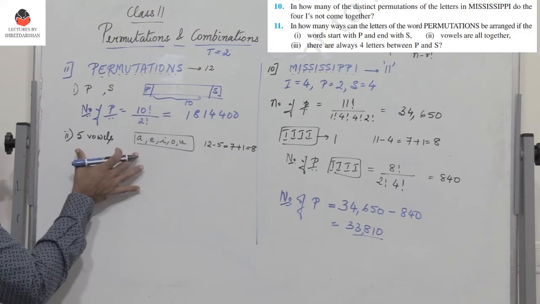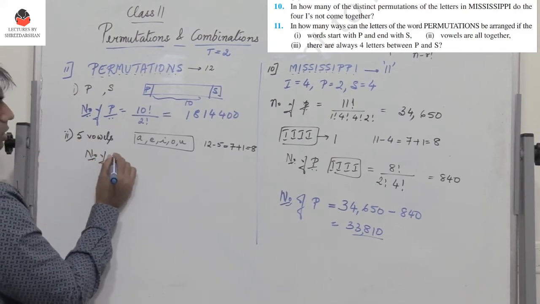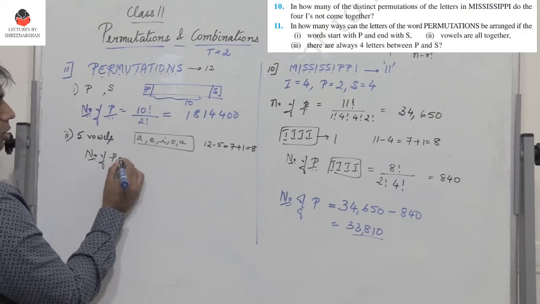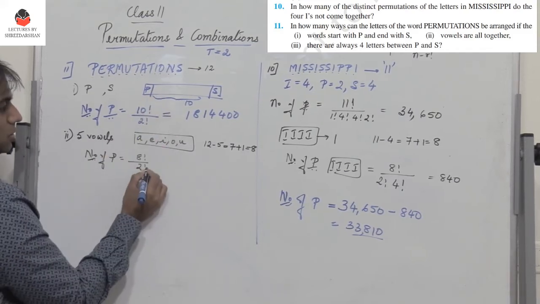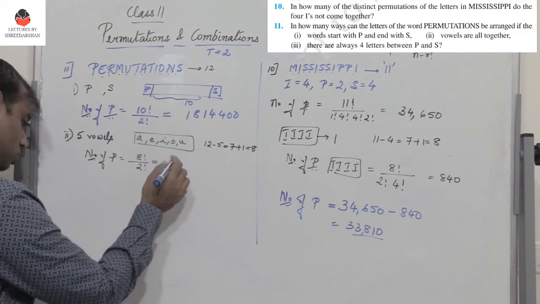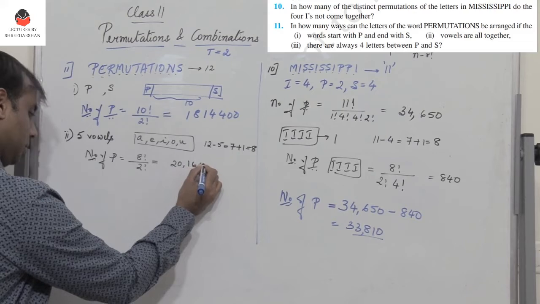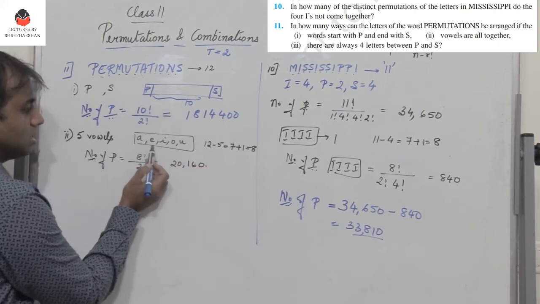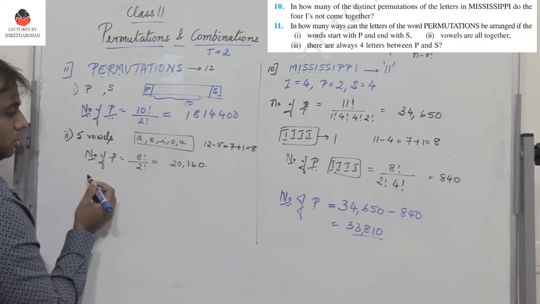First, let's find out the total number of permutations, considering this as 1 unit. It's going to be 8 factorial divided by 2 factorial, because T occurs twice, which is 20,160.